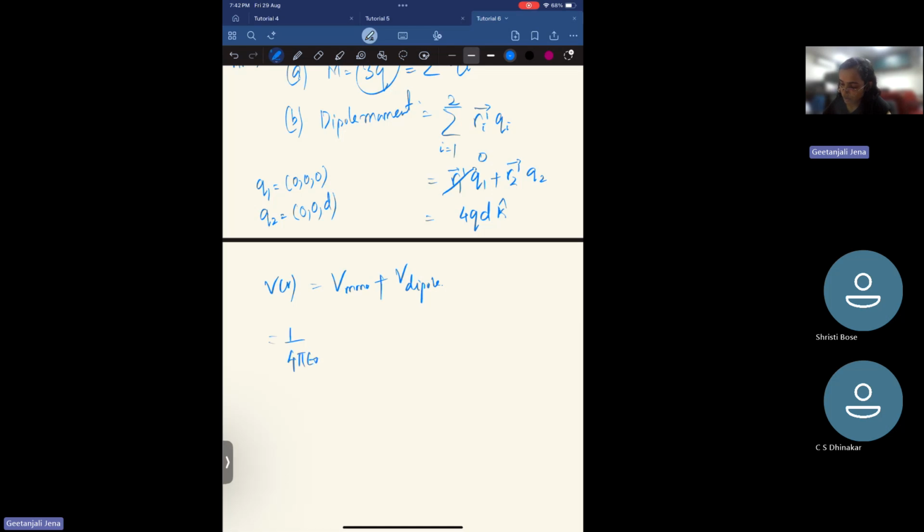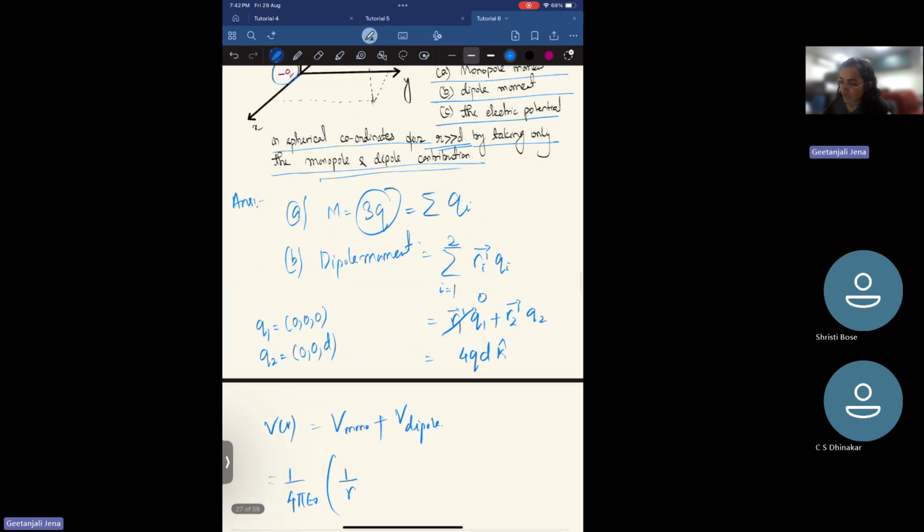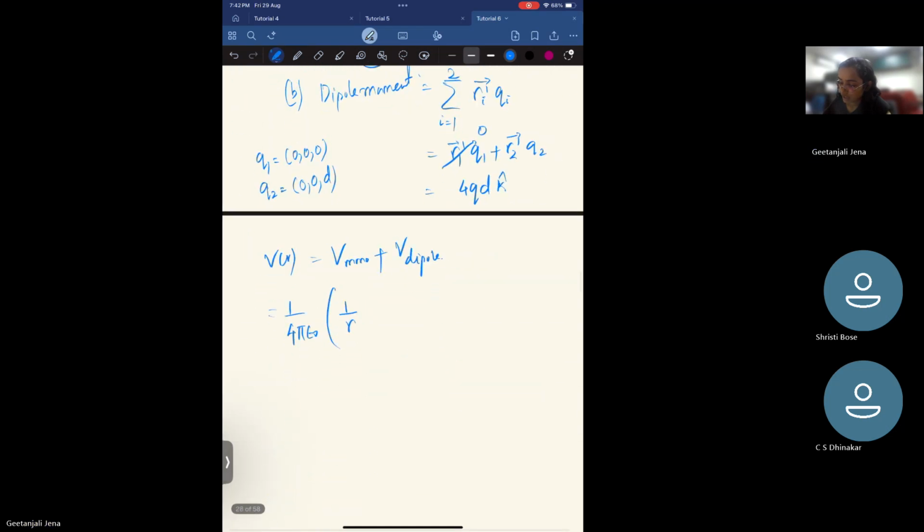This is 1 by 4 pi epsilon naught, 1 by curly R, summation of Qi, plus 1 by R square, summation of Qi z-hat dot R-hat, which gives cos theta.